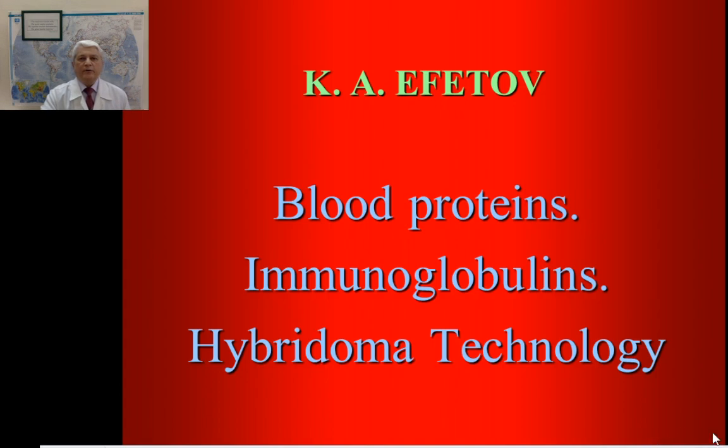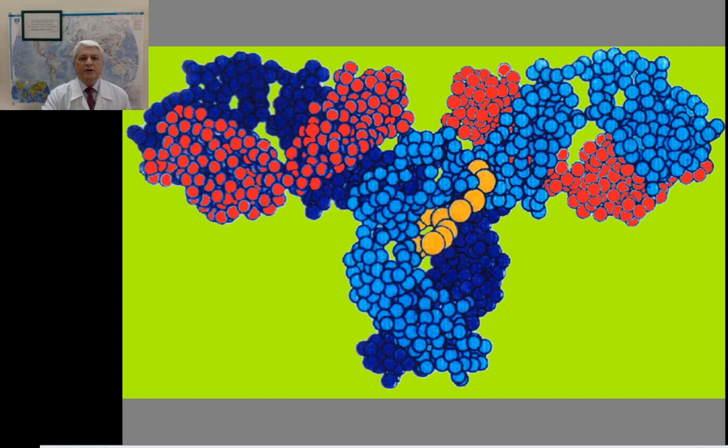On the picture, you see the structure of the molecule of immunoglobulin G. On this example, we shall study the structure of all immunoglobulins. You can see that this is a very large molecule.